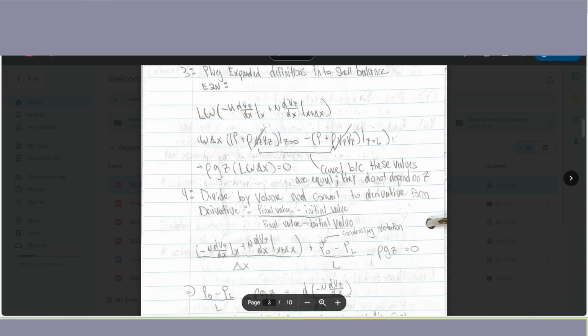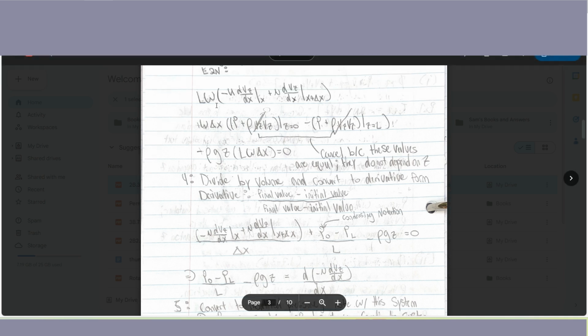That goes into there, and that's canceling because they're the same exact term. Then we divide by the volume, which is L W delta X, and then we can convert to the derivative form.